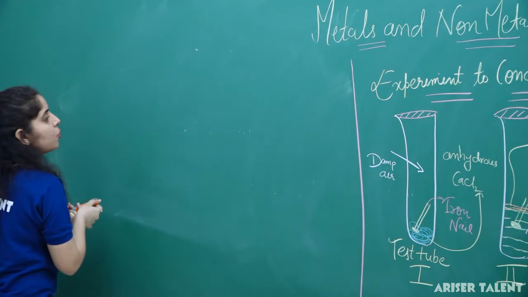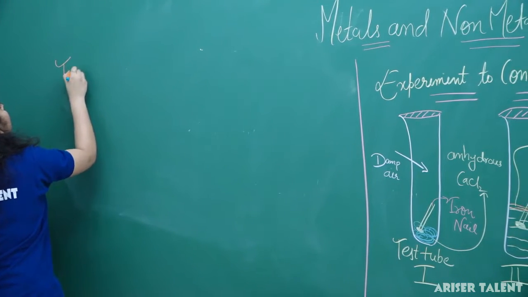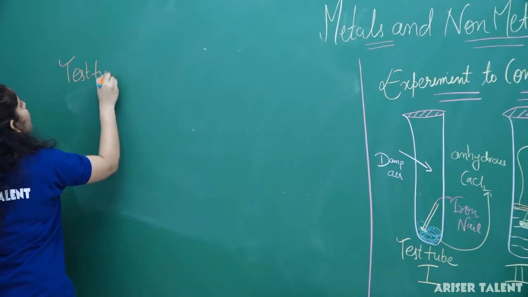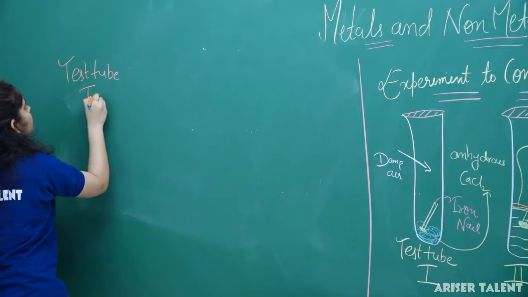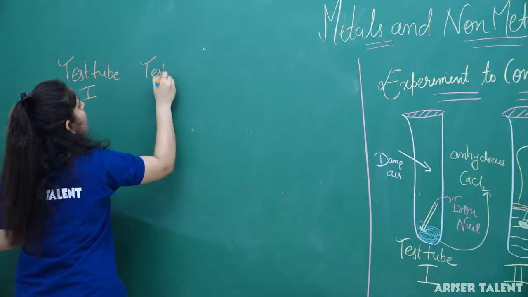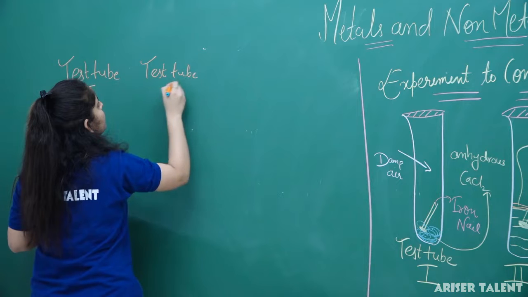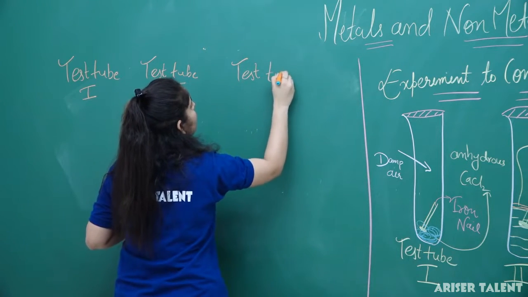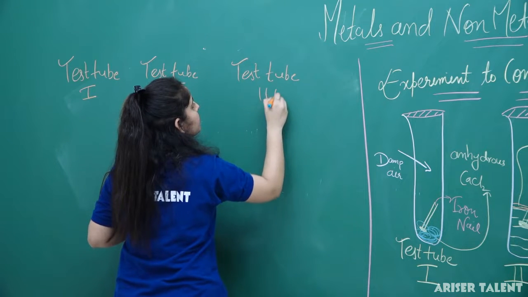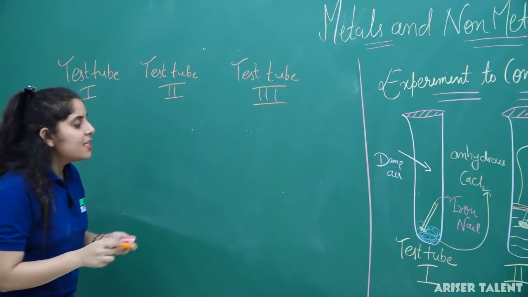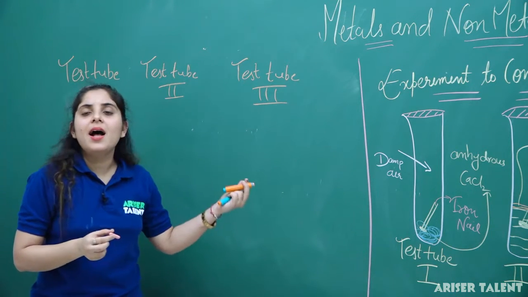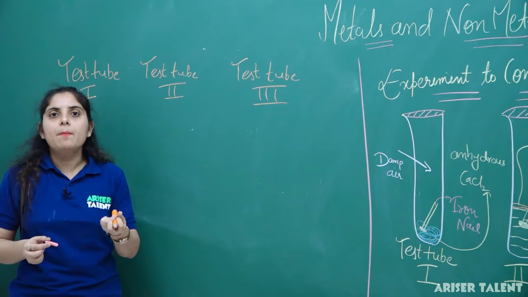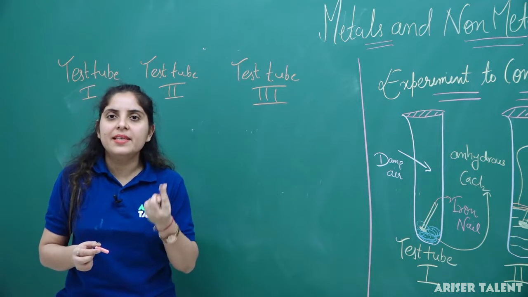We have 3 test tubes, that is test tube number 1, test tube 2 and test tube number 3. Now, in test tube number 1, we have taken an iron nail dipped in damp air with some amount of anhydrous calcium chloride.